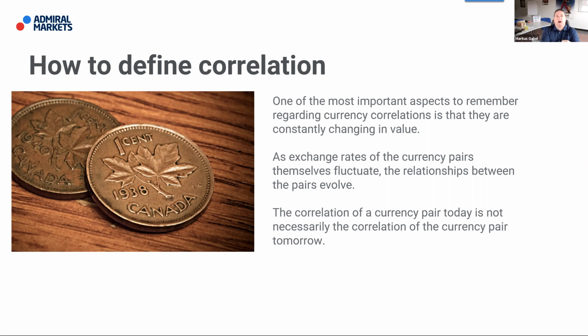The lower the time frame, the more you have the change of the currency correlation, because every day the value is moving. But if you're trading the 4-hourly chart or maybe the daily chart, you have less moving and less changing in the value of one single currency, of course.